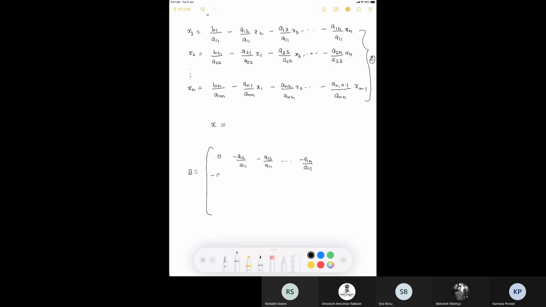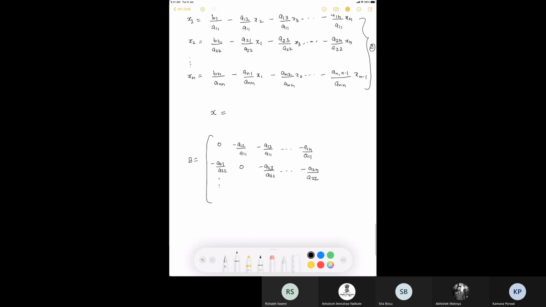Now the second row is going to be minus A21 divided by A22, 0, minus A23 divided by A22, up to minus A2n divided by A22. And the last row of this matrix is minus An1 divided by Ann, minus An2 divided by Ann, and so on up to the last element being 0, with the second last element being minus An,n-1 divided by Ann.